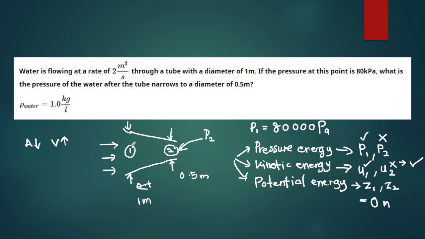Therefore we can find them using a simple equation, the discharge equation, which is Q equal to UA. From here we rearrange to find U, which is Q over A.